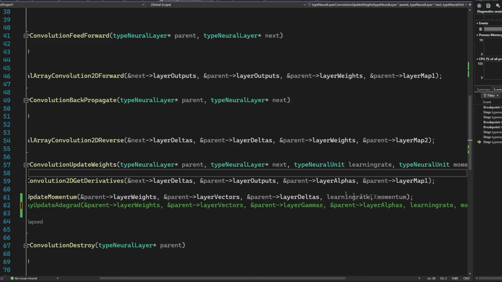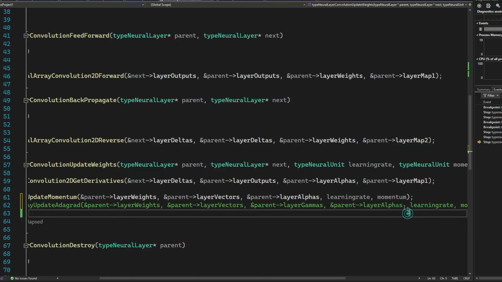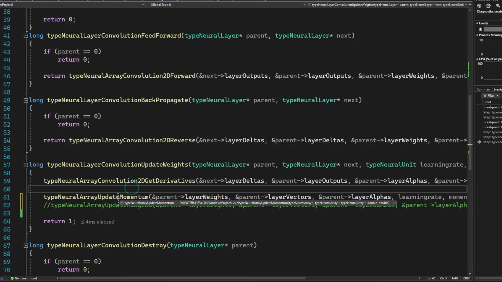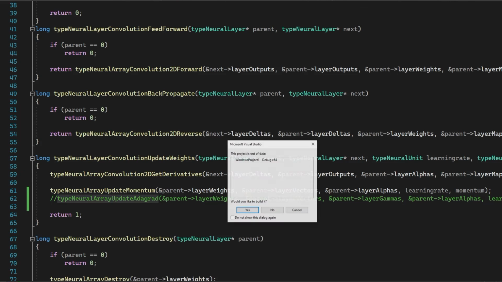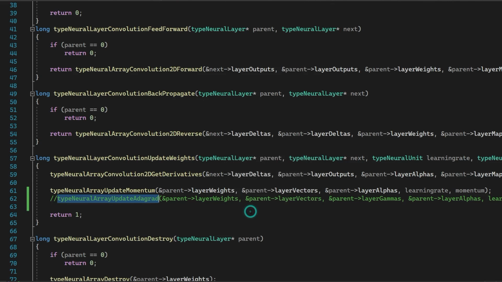So when I say deltas right here, what it really means is alphas. Okay, so I just tested momentum to put in AdaGrad right here. Now let's see if everything works. That was a really stupid mistake.